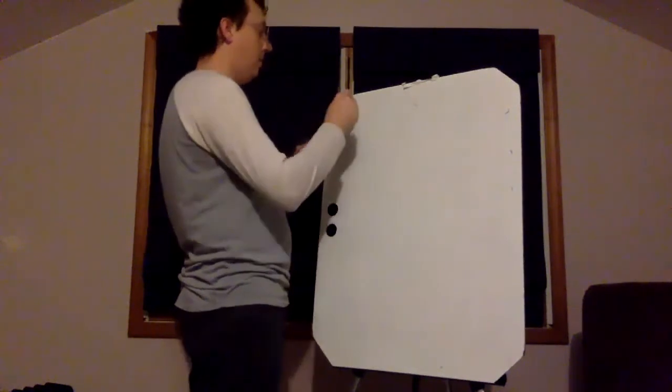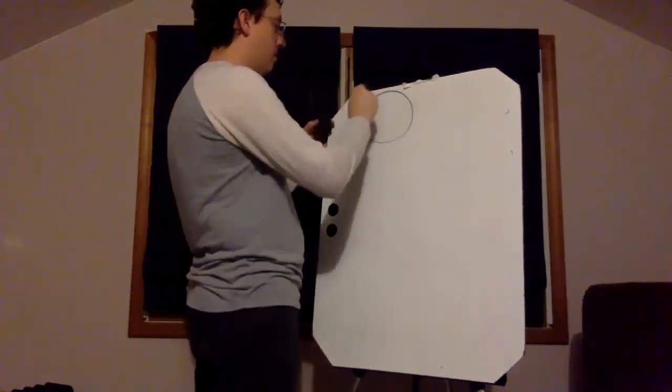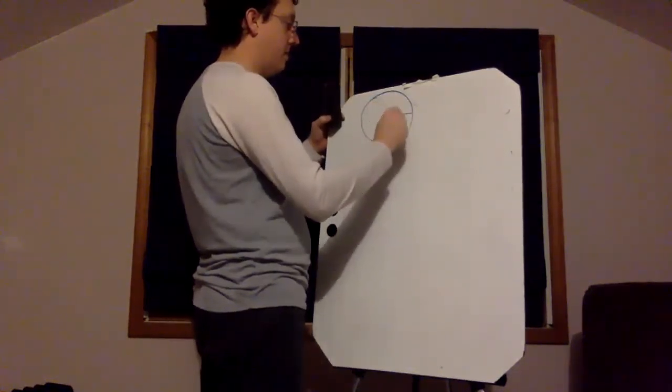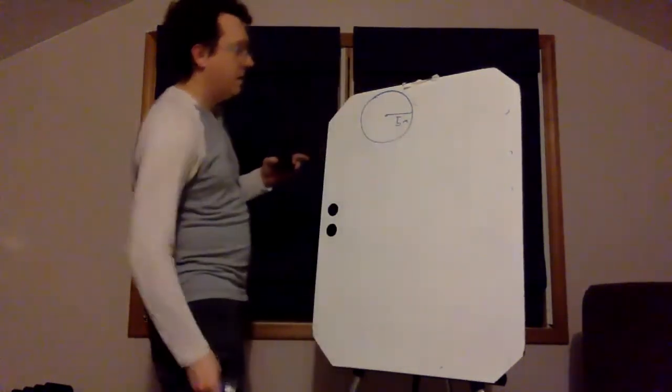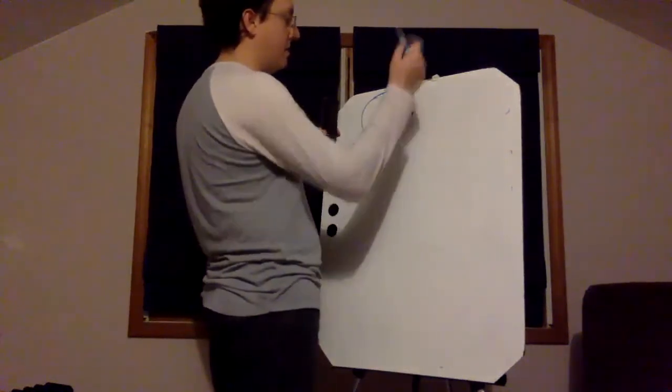All right, so let's imagine we have a circle. Let's give it a radius of 5 meters, something a little different than 1. And let's imagine that we have a particle or a boat or something, it doesn't matter what it is.